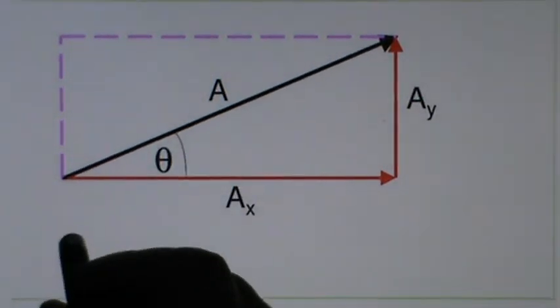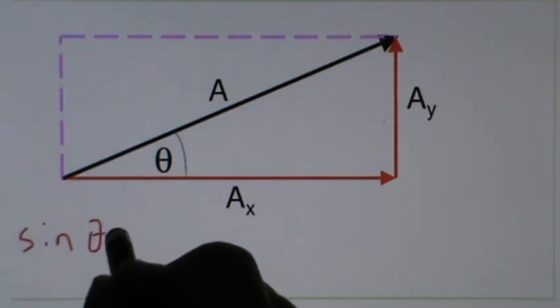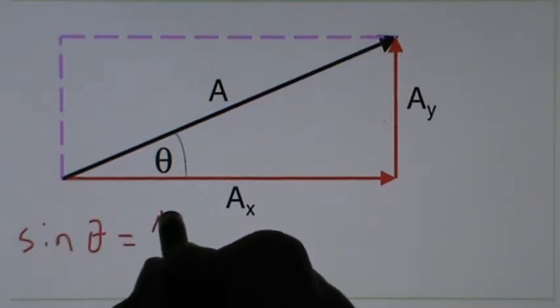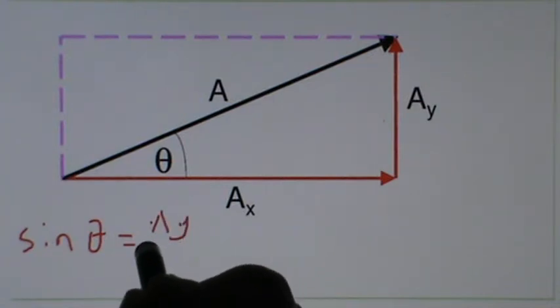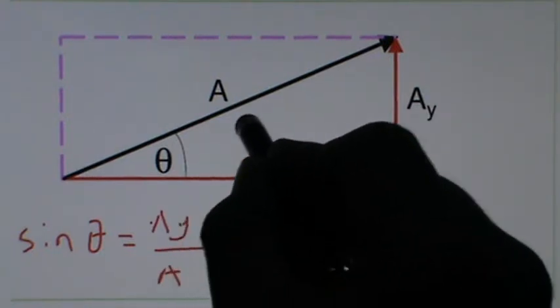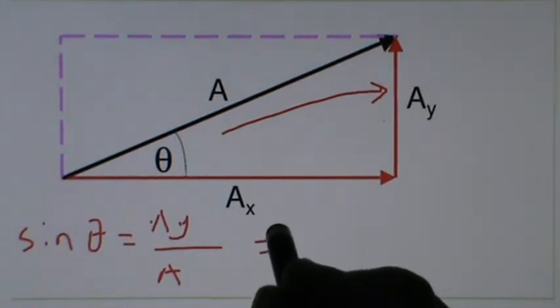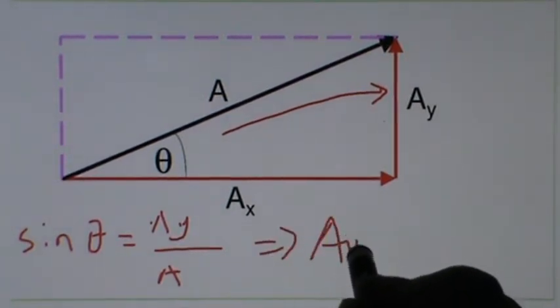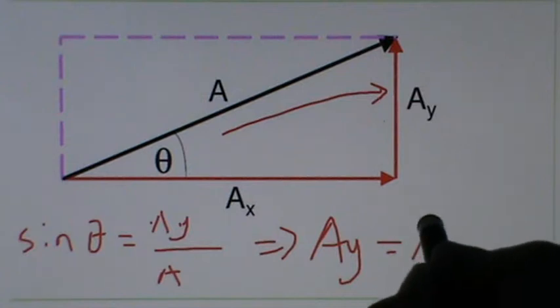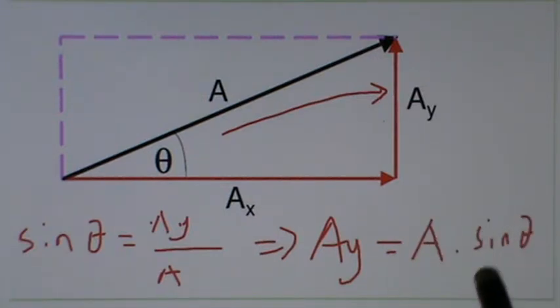Now you know that sine theta is ay divided by a. So this is the opposite side of theta. Therefore, ay here is a times sine theta.